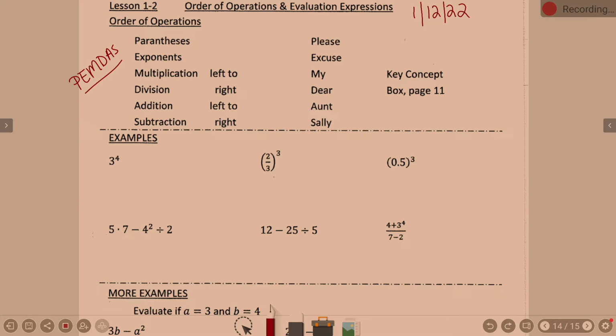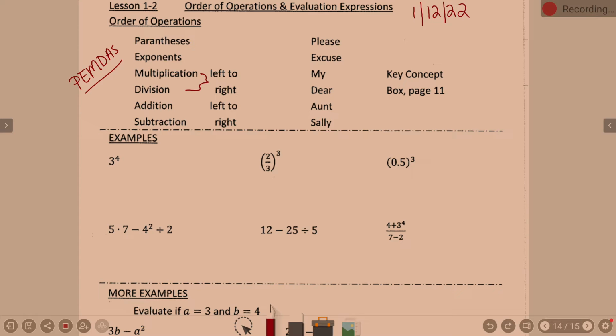Now, P stands for parentheses, so we always do what's in parentheses. E stands for exponents. What are exponents? Those little numbers, right? Those small numbers. And then notice it says multiplication and division, left to right.